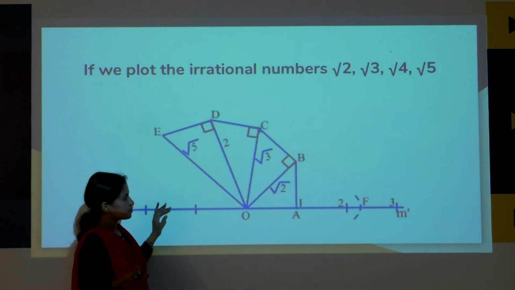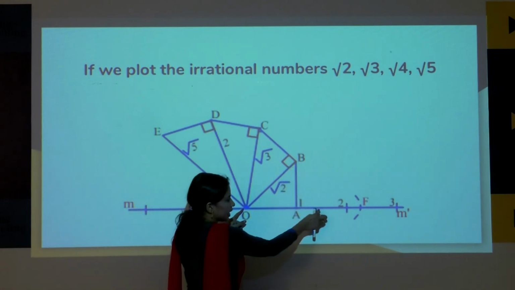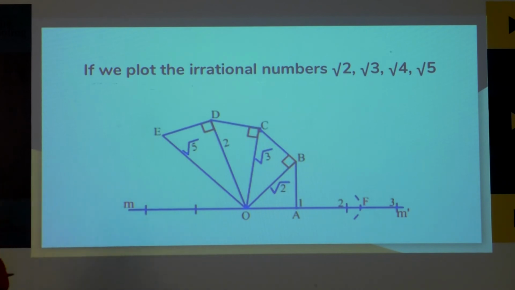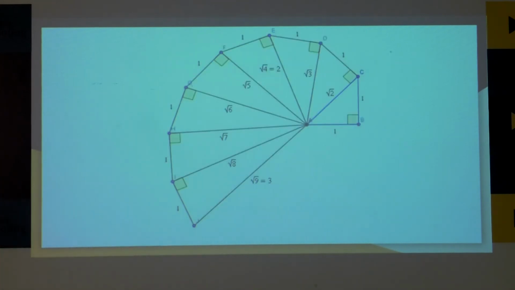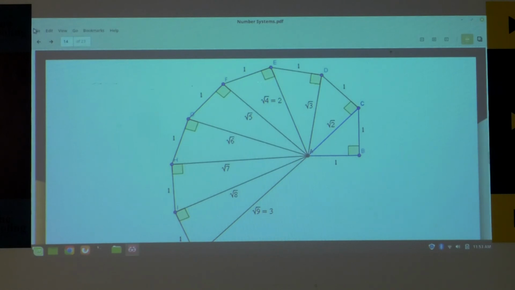But while representing the irrational numbers on a number line, we just draw an arc and mark it here. Then that's all. So continuing this way, root 2, root 3, etc., we get a spiral image.